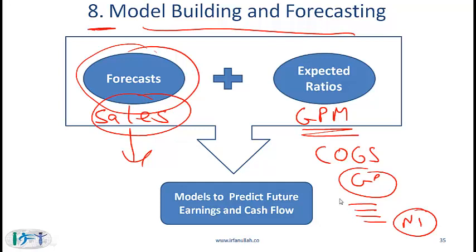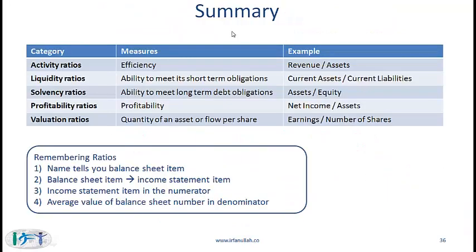So using this method, you can come up with forecasts for net income. You can use the same concept to come up with forecasts for cash flows. And then once you have these forecasts, you can then try to come up with a valuation for the company that you are evaluating. That brings us to the end of this reading.